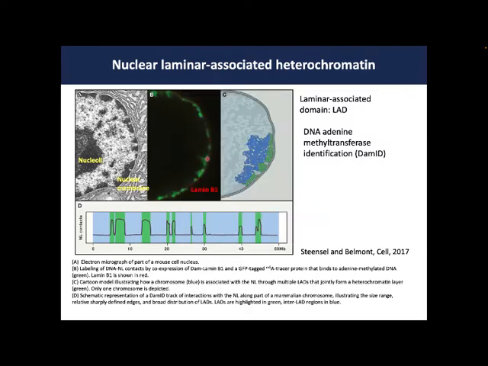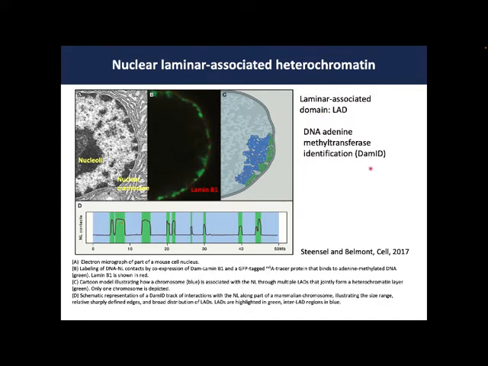So in this way, lamin B is represented in the red color here, and this green fluorescence region is actually the adenine methylation tracer fused with GFP. So these regions represent the DNA segments which are associated with the nuclear membrane. So this green region represents the lamina associated domain, LAD.